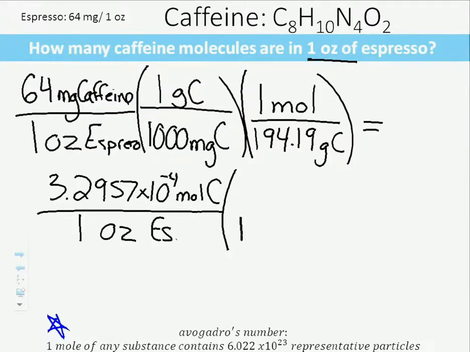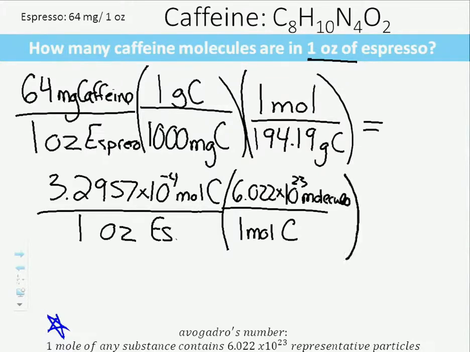So in any 1 mole of caffeine, there should be 6.022 times 10 to the 23rd molecules of caffeine.